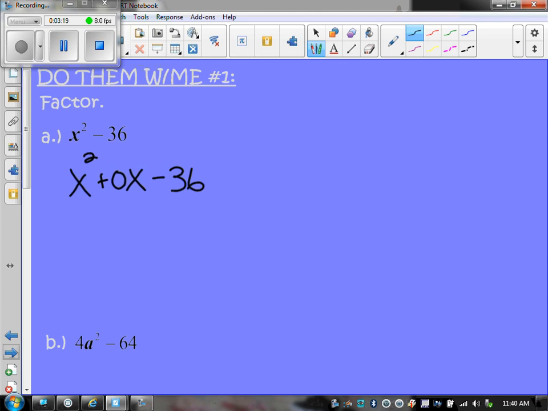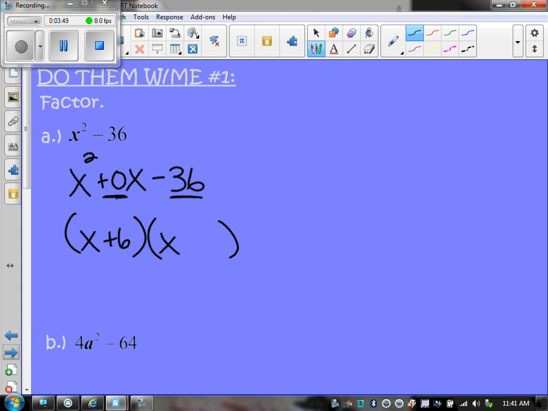So now how many terms do I have? 1, 2, 3. I have 3 terms, right? And so can I do basic factoring? To do basic factoring, I need to figure out what numbers multiply to negative 36 that when you add them together now you get 0.